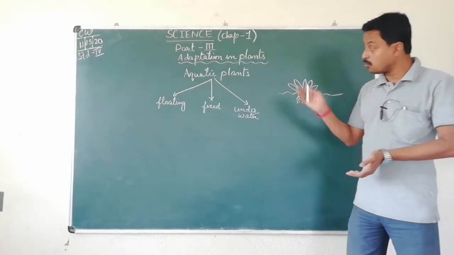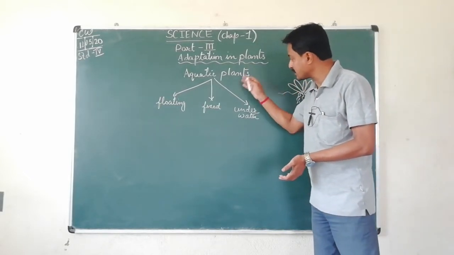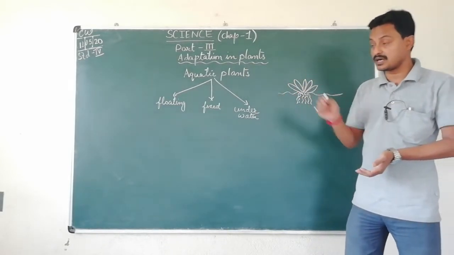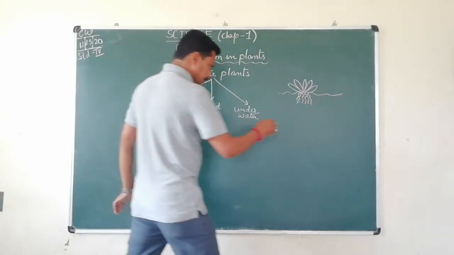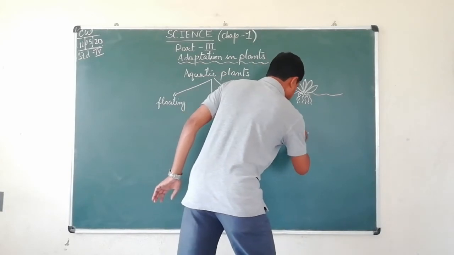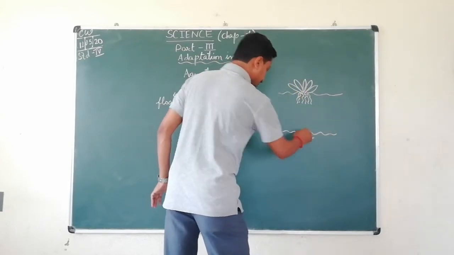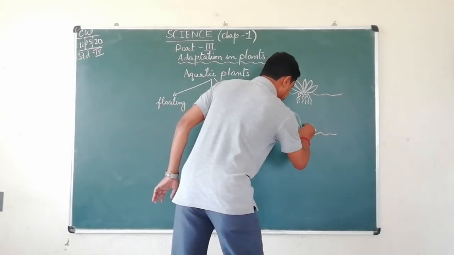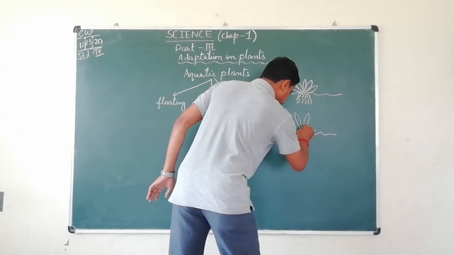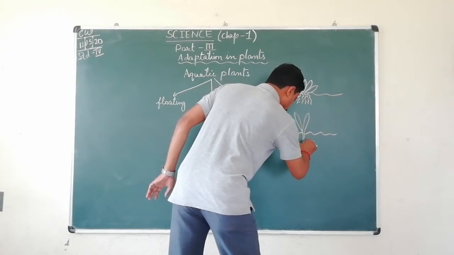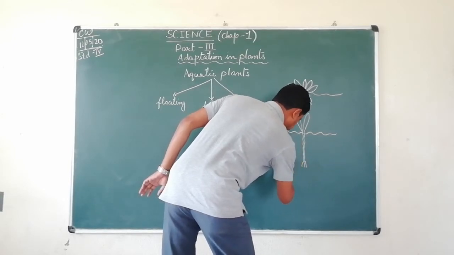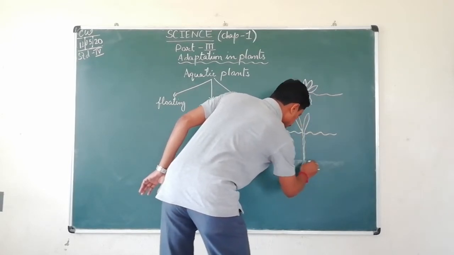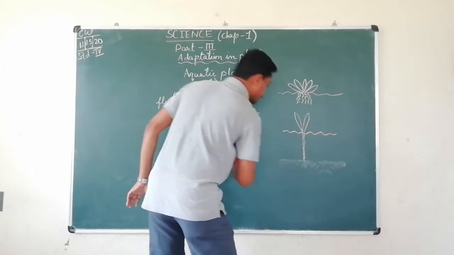One more type of plant is the fixed plant. Those are also aquatic plants, but their root is fixed under the bed of the river. It is in this way. Suppose this is the water level and the plant is over here. They will grow and they will fix their root under the bed, in the ground below the water.